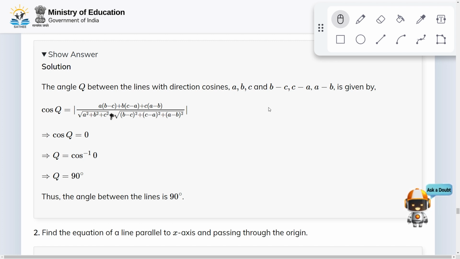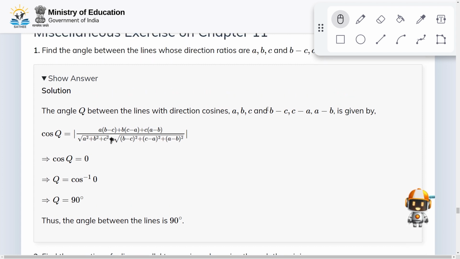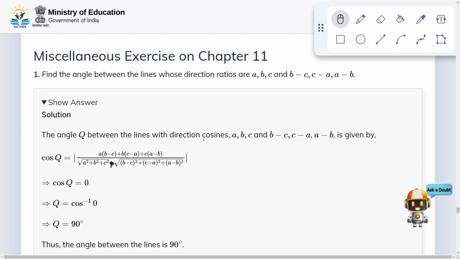I hope it is clear to you. Sorry, not cosines here, it must be ratios. Direction ratios are given to us, not cosines.